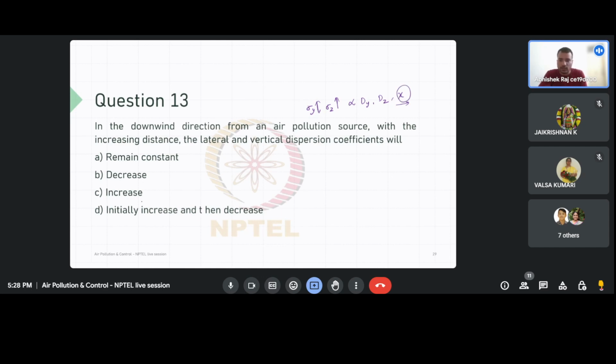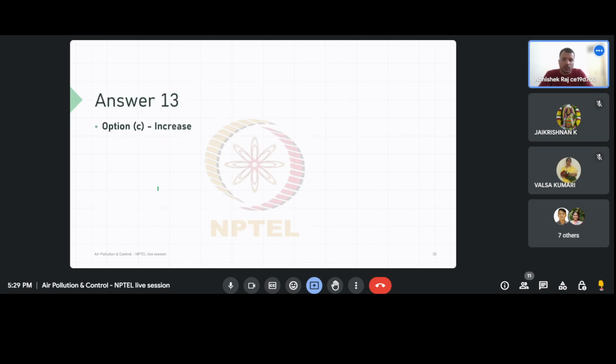So here the correct answer will be option C, which is increase. With distance, both lateral and vertical dispersion coefficients will increase. So option C, increase, is the correct answer.